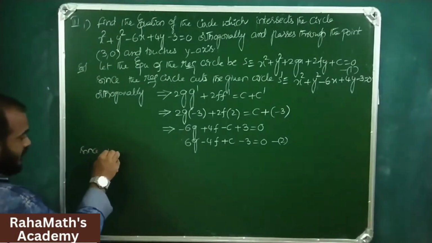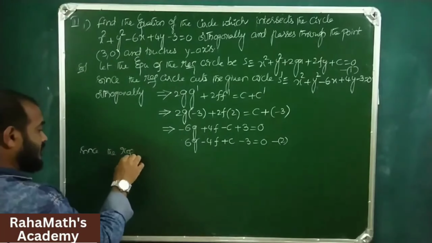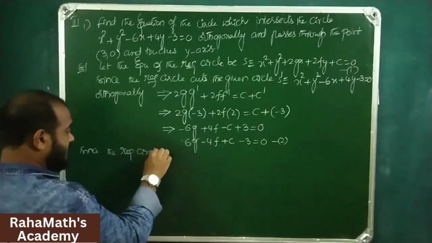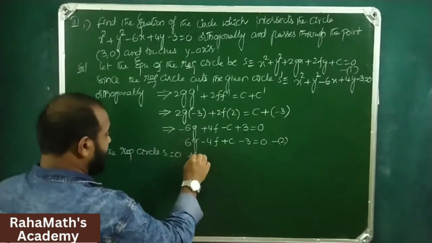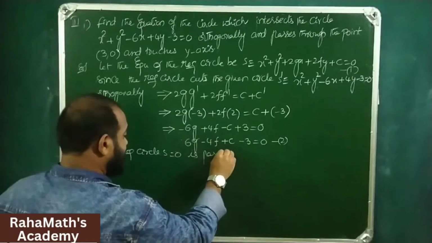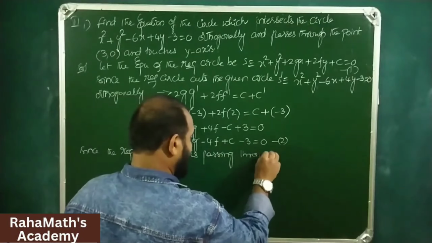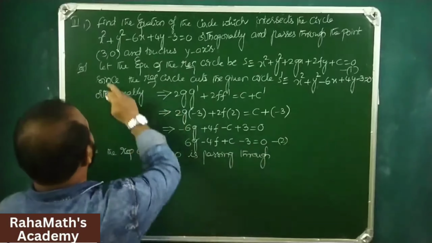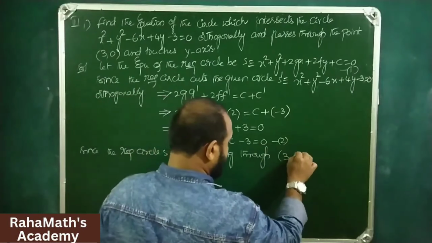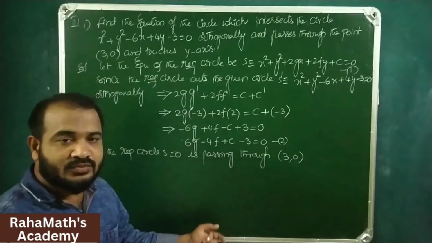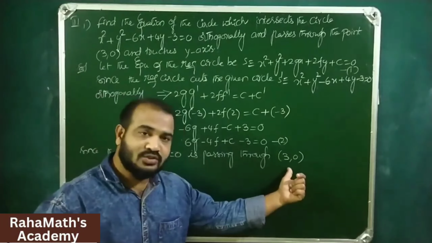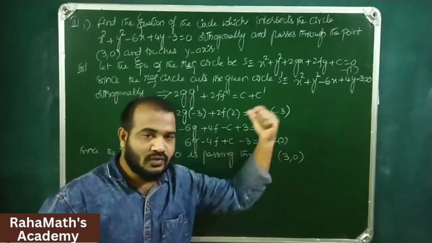And if we move a little bit further, the required circle passes through the point (3, 0). Since the required circle S equals 0 is passing through (3, 0), whenever a circle is passing through a point it has to satisfy the equation of the circle.